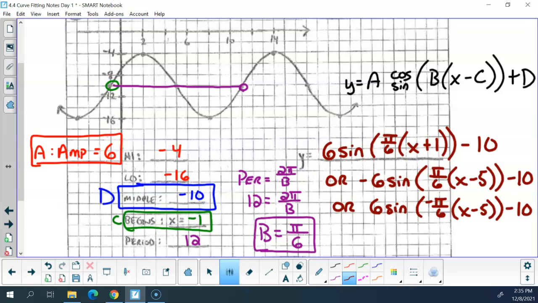Right? Or, let's see, if we would have started at 11, this number here could have been negative 11. Then we would have been starting here. Right? Same function all the way through.